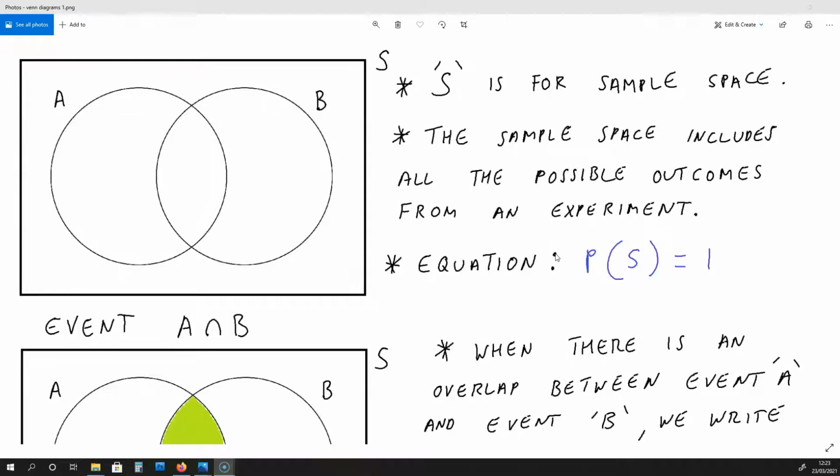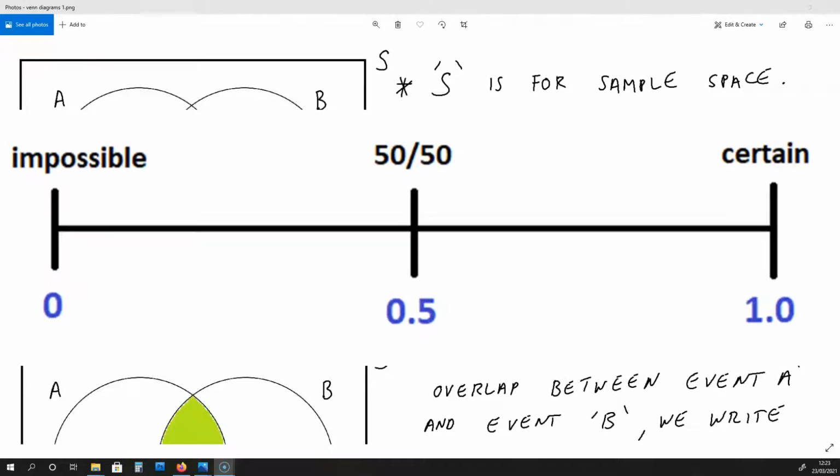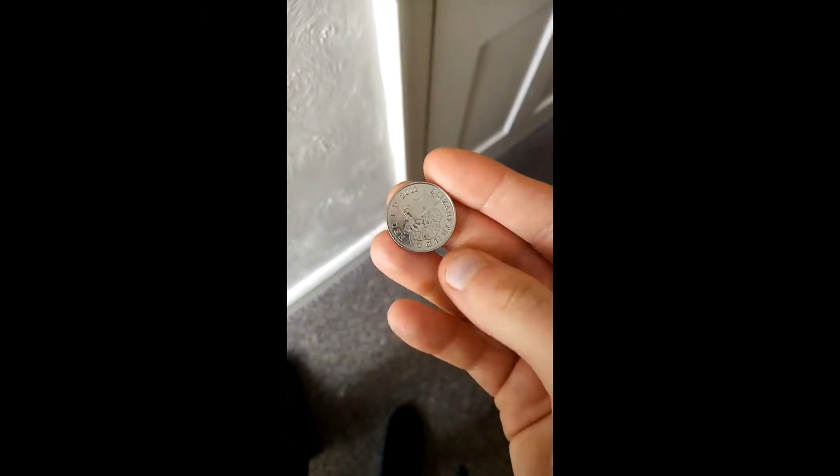Now with probabilities, if it's certain that something isn't going to happen, then you assign the value 0 to it. If it's certain that it is going to happen, then you assign the value 1 to it. Now all the probabilities in between lie between 0 and 1. So for instance, if you flip a coin, you can either get heads or tails.